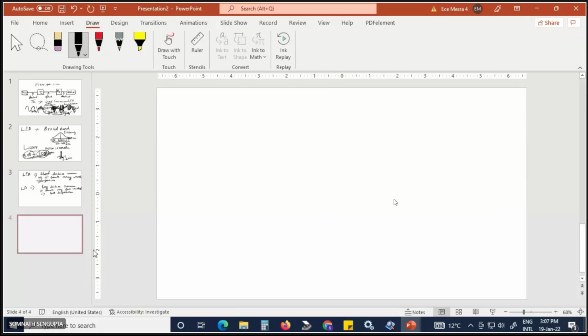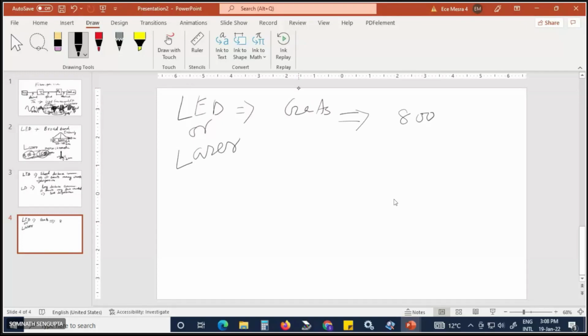Now earlier, the LEDs used were gallium arsenide, LED or laser, whatever it is. The material was based on gallium arsenide, and it allows a wavelength of 600 to 800 nanometers.